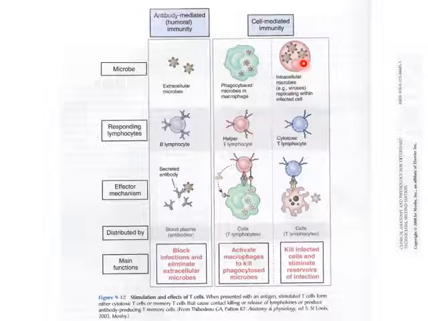Or what we're dealing with now with the coronavirus, we have a virus that goes into a healthy cell, takes over that cell, and begins to multiply within that cell. Our cytotoxic T cells are going to go and kill that infected cell. They're going to realize that, hey, that is a defect. We need to get rid of it. And this is where we run into problems with this new infection. Cytotoxic T cells kill the infected cells and eliminate the reservoir of infection.